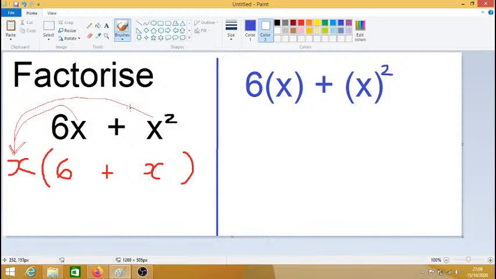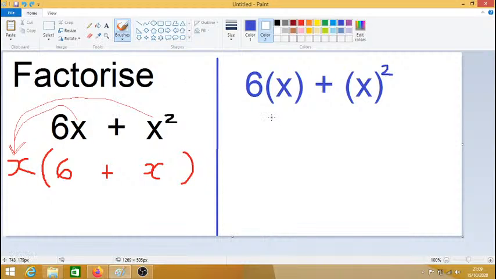Hopefully you agree, or you'll not really be worried by this, because 6 bracket x is the same thing as 6 times x, and bracket x squared is the same thing as x squared. So putting the brackets around the x didn't really change anything, it just makes it look a little bit different. It's got brackets in when before it didn't.